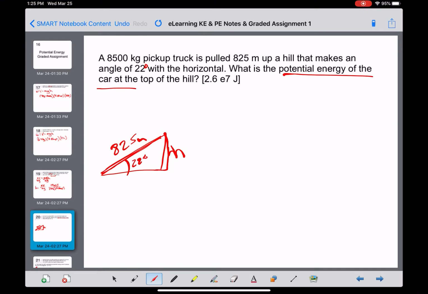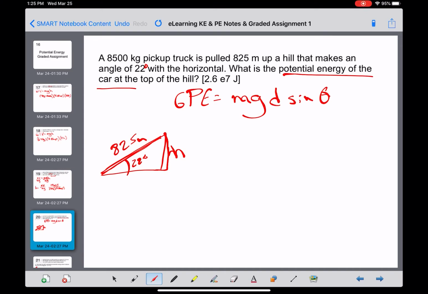So we can modify our equation a little bit to say that our gravitational potential energy is mass times gravity times our distance times sine of the angle, because we have this angle and we're looking for the opposite. The d sine of the angle replaces the height.